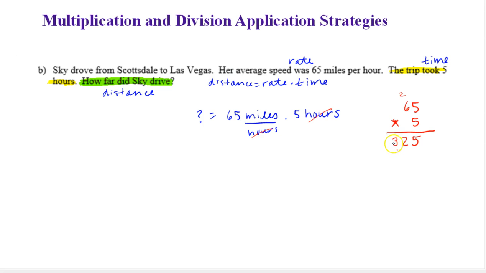So 3 hundreds is in the proper place value. So that works out nicely. Okay, so our result is, let's write our answer. Sky drove 325 miles. And we have 2 more problems that we'll look at in the next video.